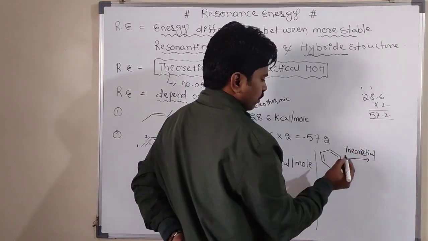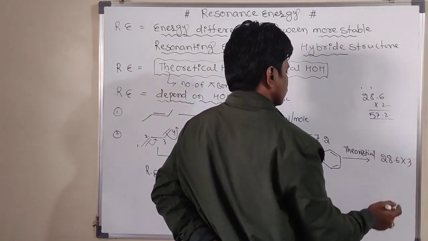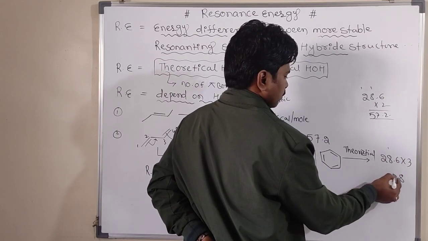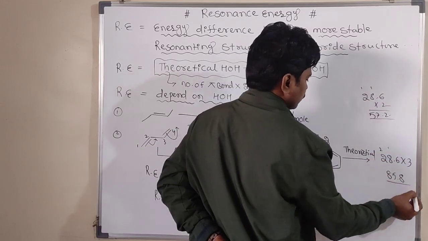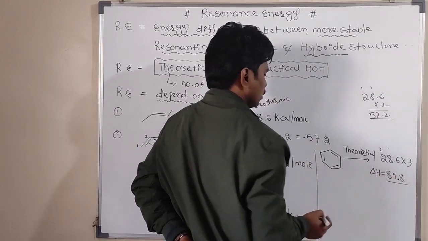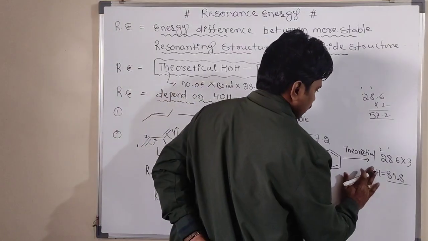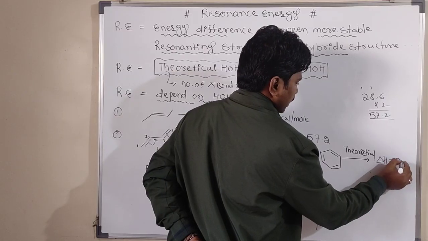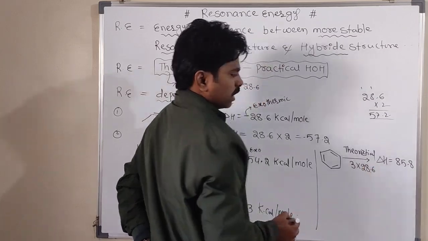There are 3 pi bonds. 28.6 into 3 is 85.8. So the theoretical value delta H is equal to 85.8 kilocalorie per mole for the benzene heat of hydrogenation. So there are 3 pi bonds multiplied with the 28.6 kilocalorie per mole.